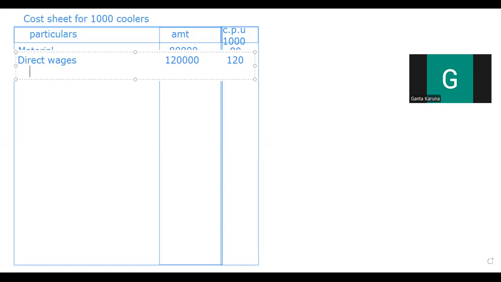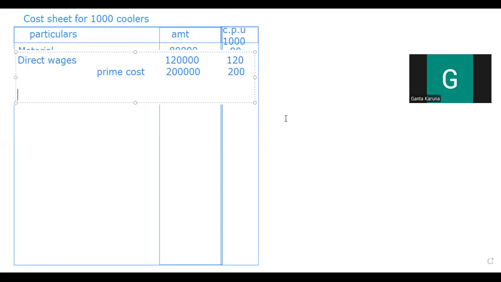We are going to call this prime cost. So prime cost, how much am I going to get? Prime cost, I'm going to get 2 lakhs. So 2 lakhs, every penny I'm going to divide it. So 2 lakhs divided by 1,000 is going to be 200. Later on, I'm going to draw the lines, but as of now, you just go with this.